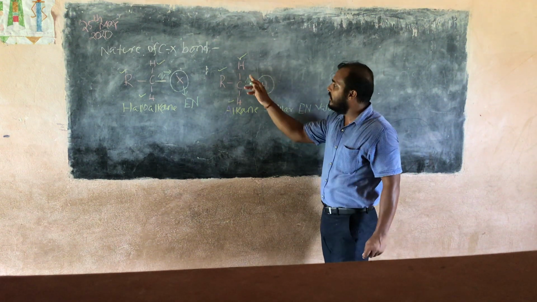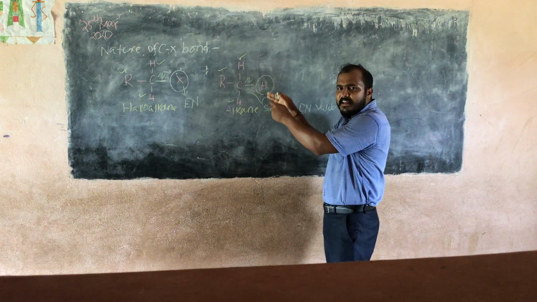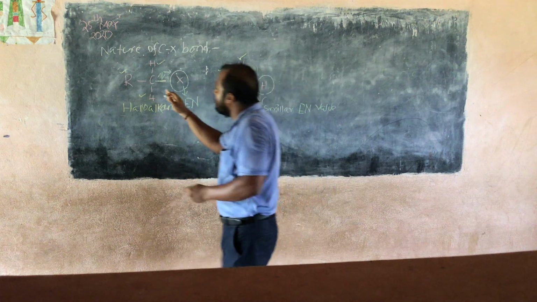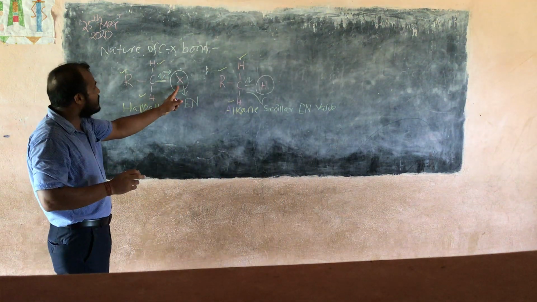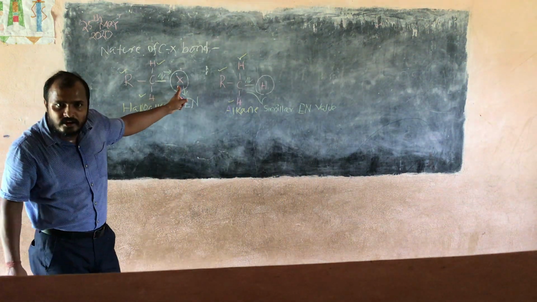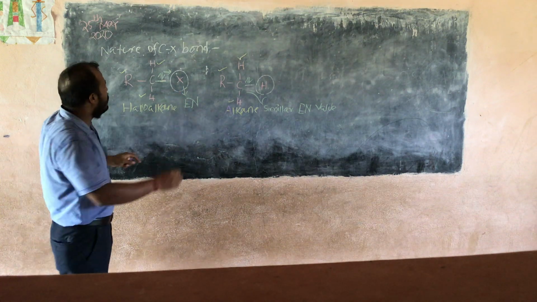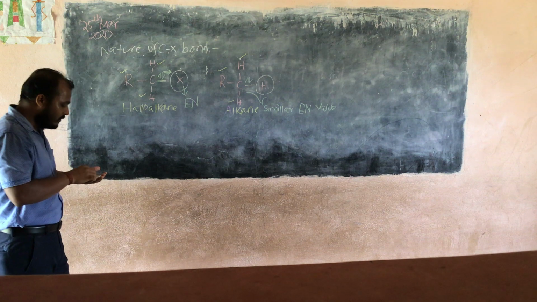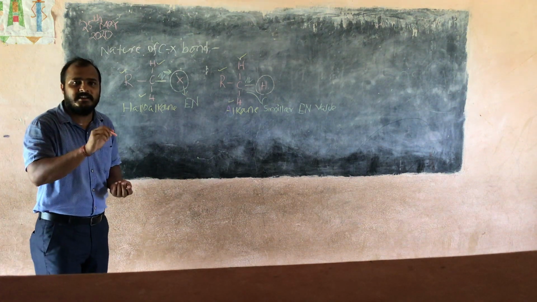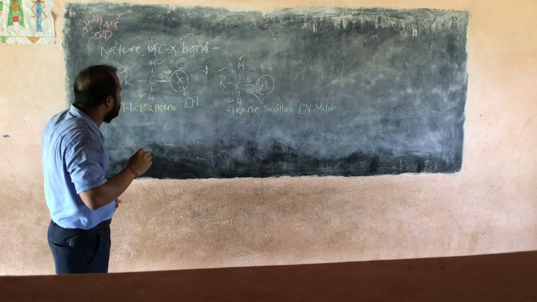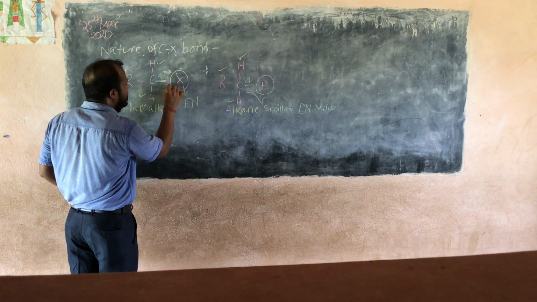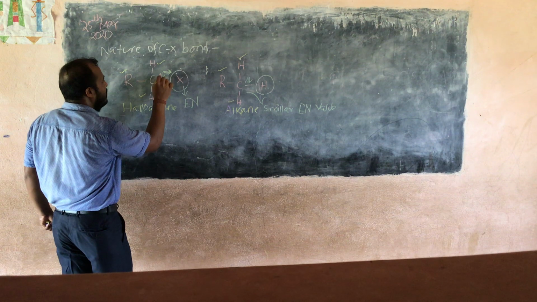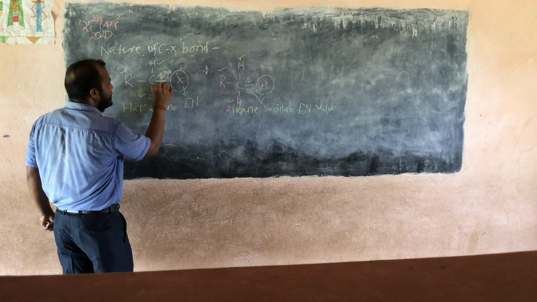So it is situated exactly in the middle of carbon and hydrogen. Whereas in haloalkane, because halogens have higher electronegativity value, they will attract the bond pair electrons towards themselves. The net result is that this bond pair will be shifted towards the halogen.